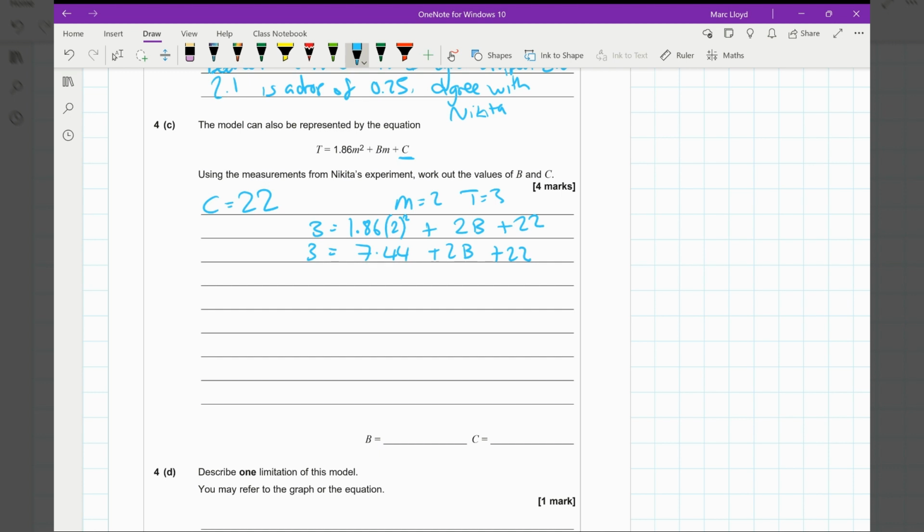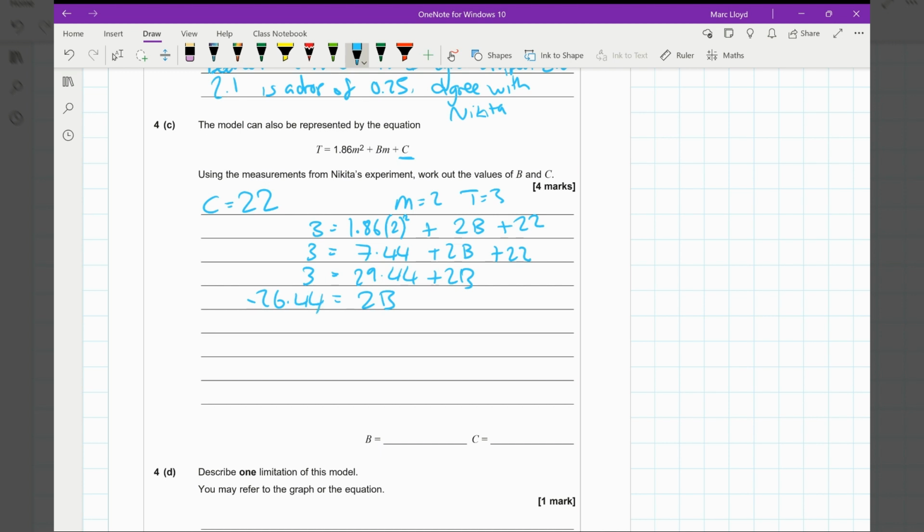Plus 22 is 3 equals 29.44 plus 2b, and then 2b. So 3 take away 29.44 is negative 26.44. And I'm happy with that.